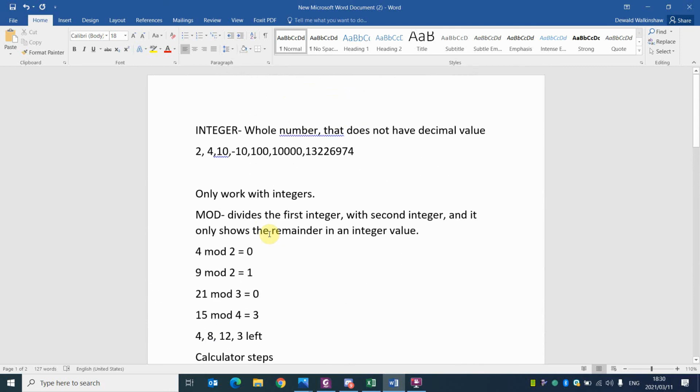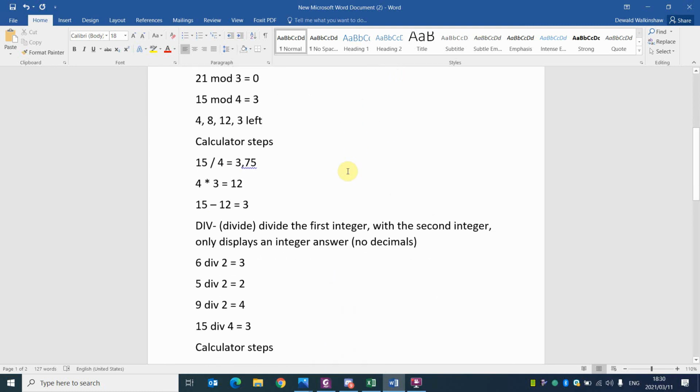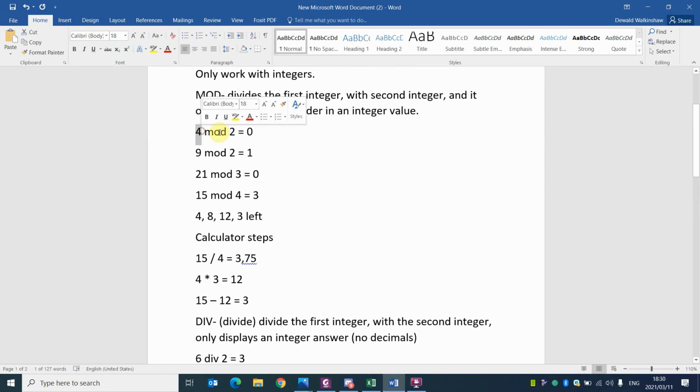Yes, sir, I have a question. So what if you're working with negative numbers? Okay, negative numbers should also give you the same type of answer. I've not tested it yet with negative numbers, but it should give you the same thing. I think I'll test it out.